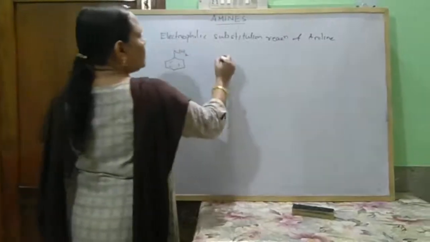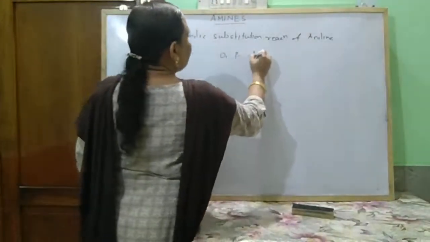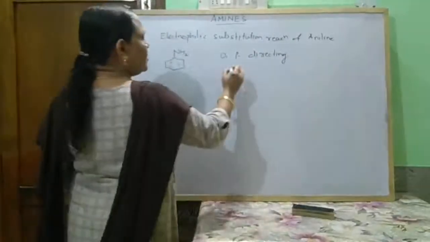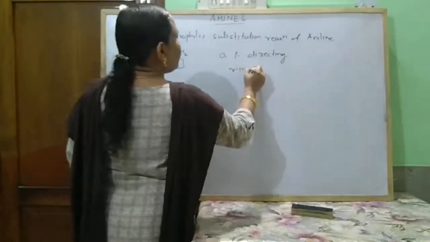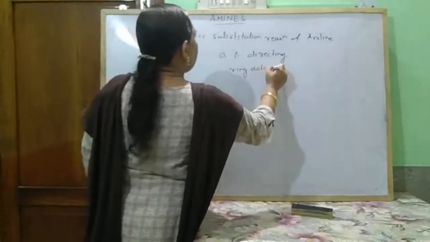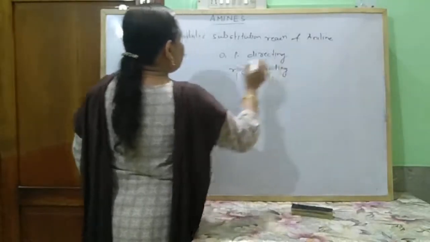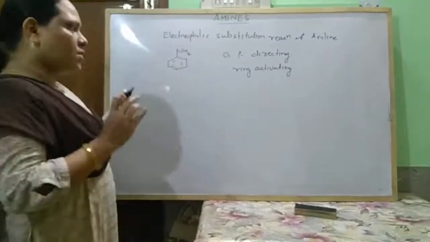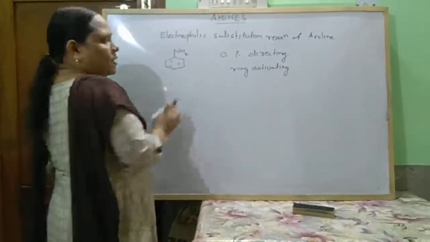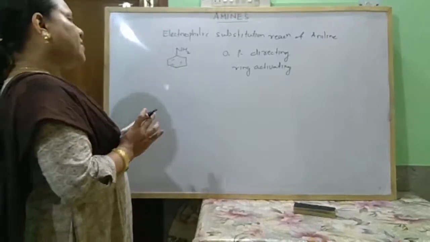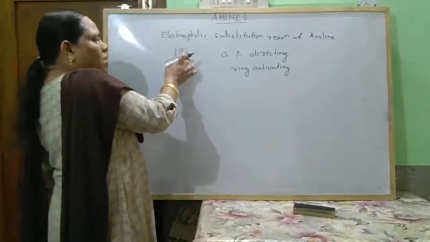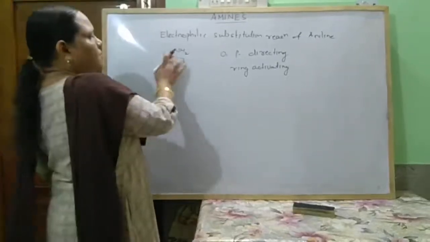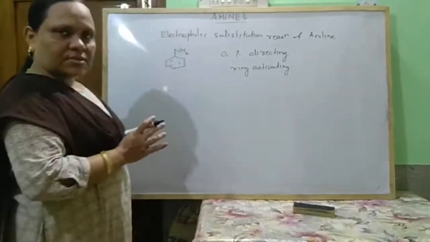So this NH2 group is ortho-para directing in nature as well as ring activating. So it activates the ortho and para positions so strongly that when electrophilic substitution takes place, all the ortho and para positions are substituted. Finding the monosubstituted product is actually difficult.